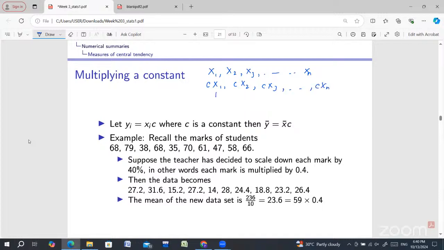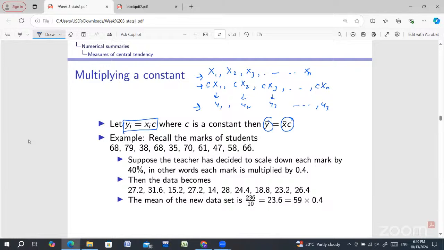This is your y1, this is your y2, this is y3. So yi is equal to xi multiplied by c. Now the y bar, the mean of this data set, will be equal to x bar into c. So you just have to multiply that constant into the mean of the data set.